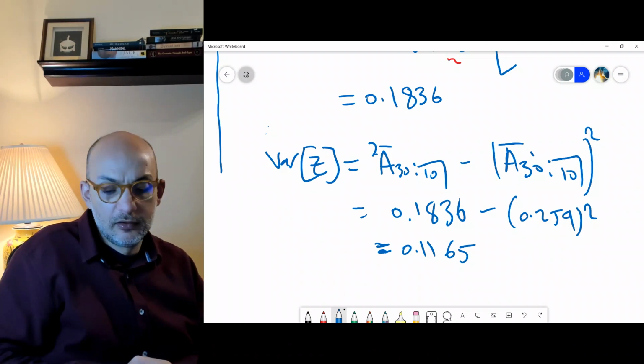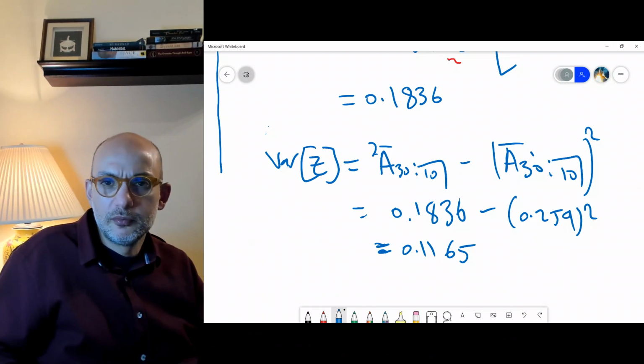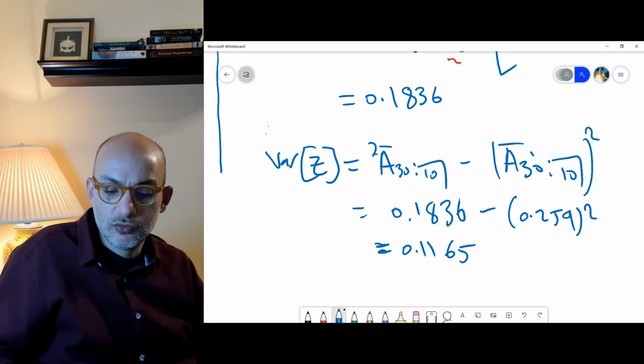Right. Simple. If you just know the formula, then you can quickly apply it.